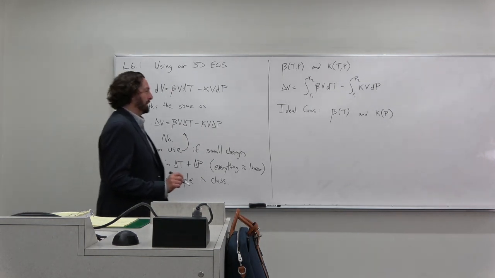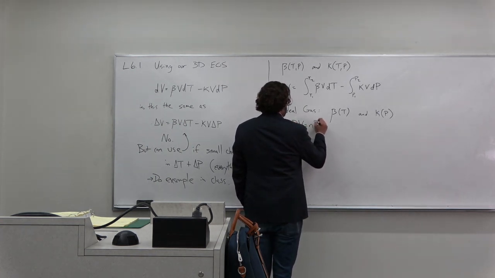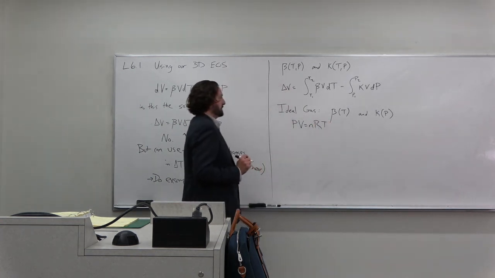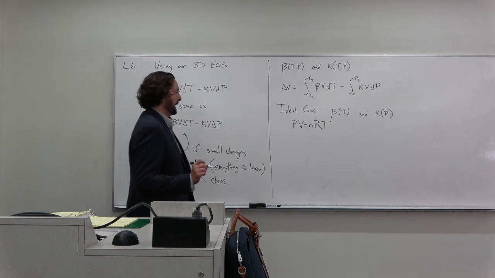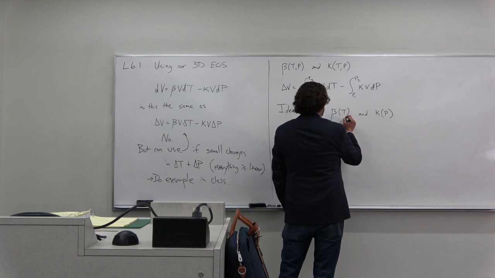Let's go back and write PV equals nRT. And let's remind ourselves what beta looks like.